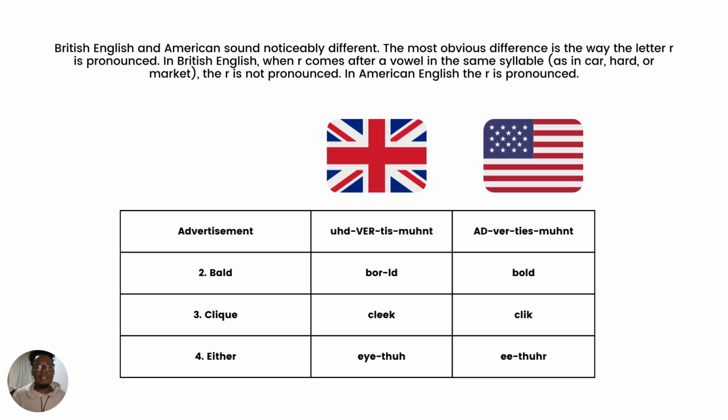We can see in that table some examples. We can practice. The word advertisement in British English sounds advertisement, but in American English it sounds advertisement. Bald, ball, or bold in American English.